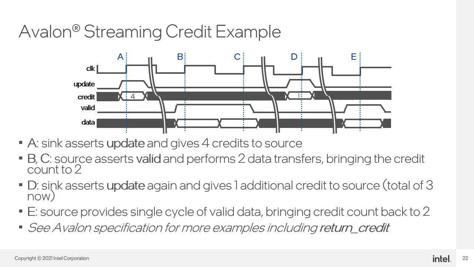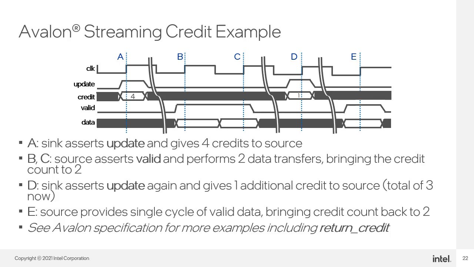Here is a simple example of a streaming credit interface. At cycle A, the sink asserts the update signal and specifies a value of 4 to the source. The source would need to store this value to keep track of the number of credits it has available. Sometime later at cycles B and C, the source asserts valid and sends data to the sink, using 2 credits in the process.